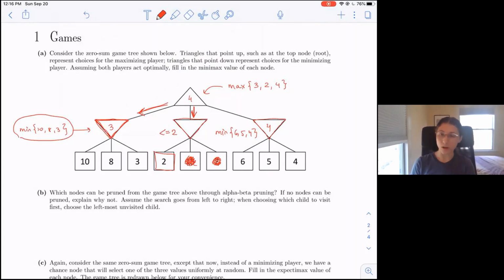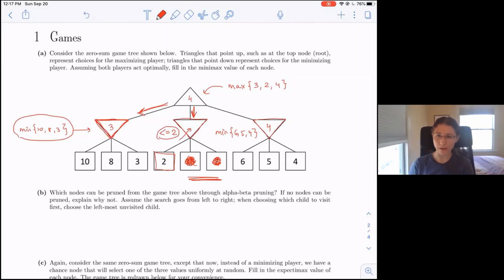So just from this knowledge of the very first number we've seen, this value of 2, can we make a deduction about whether or not it's worthy for us to even look at the other values in the right side of this subtree? Well, we know that the final value that this minimizing node here is going to choose will be less than or equal to the value of 2.